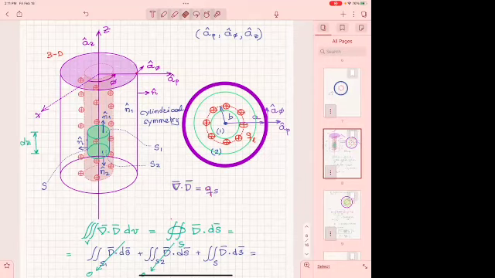Coulomb's law, even if it's related to Gauss's law, is more difficult to manage for any structure. So why go through Coulomb's law and a lot of calculations that involve multiple integrations, right? We'll try to avoid that.